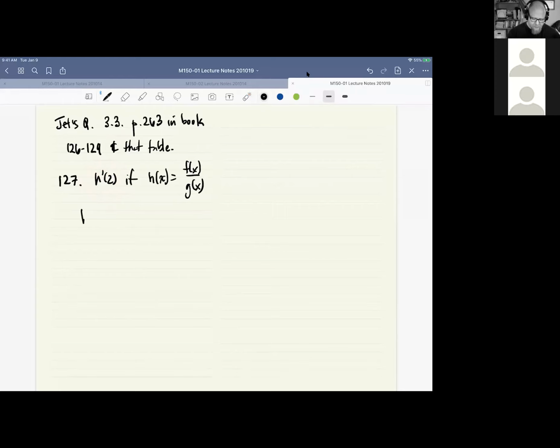That's a piece of cake. h prime of x is the derivative of the top times the bottom, minus the top times the derivative of the bottom, all over the bottom squared. You good with that, Jet?